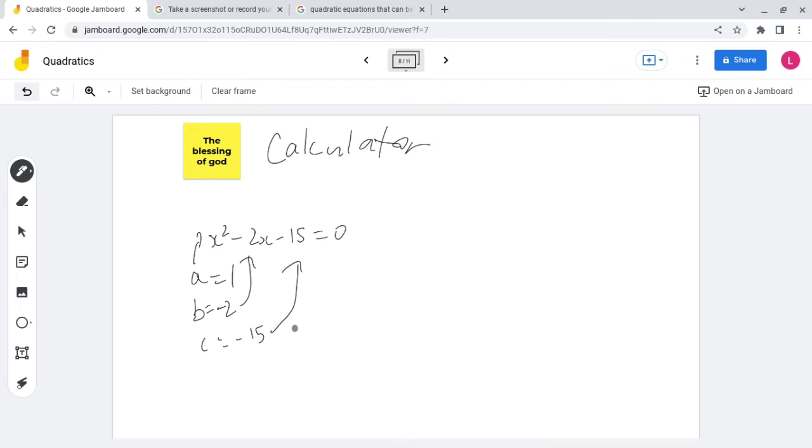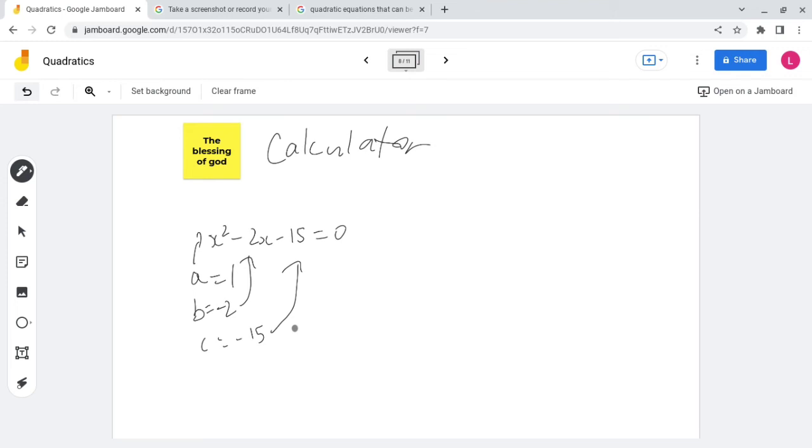So we key in the different numbers, right? You key in a equals 1 and you press equals, b equals negative 2, you press equal, c equals negative 15, equal, and now finally you press equal, and you'll get x1 equals 5 and x2 equals negative 3.